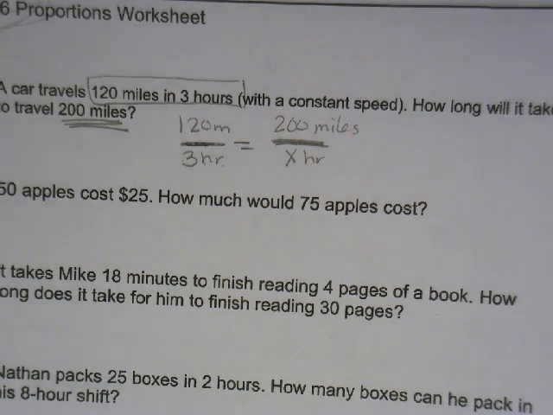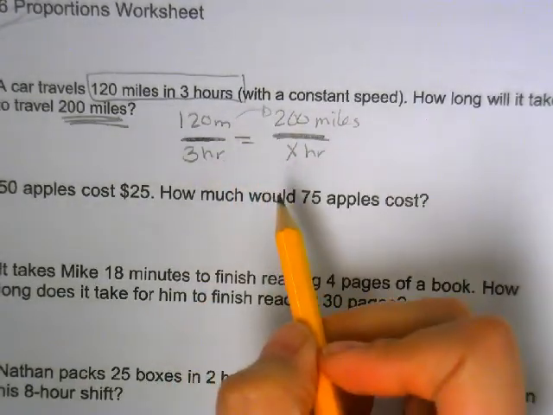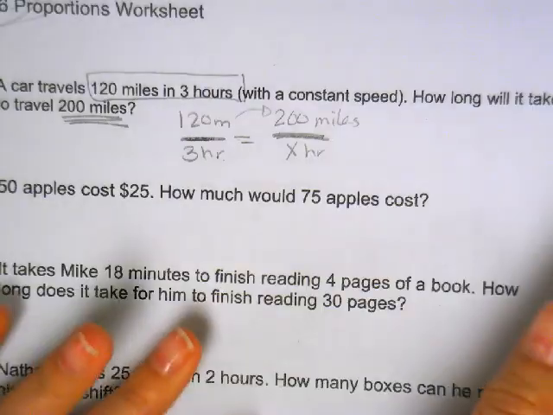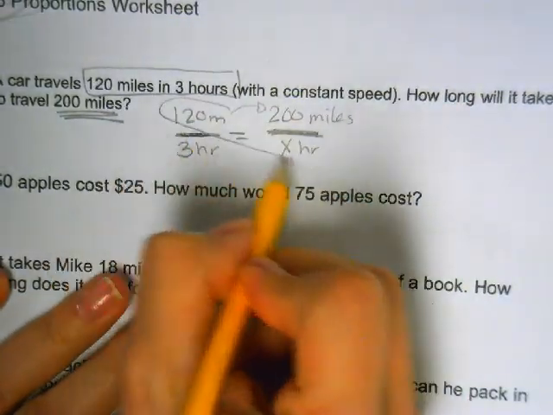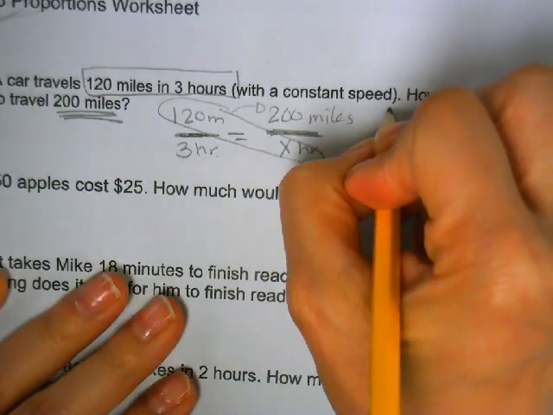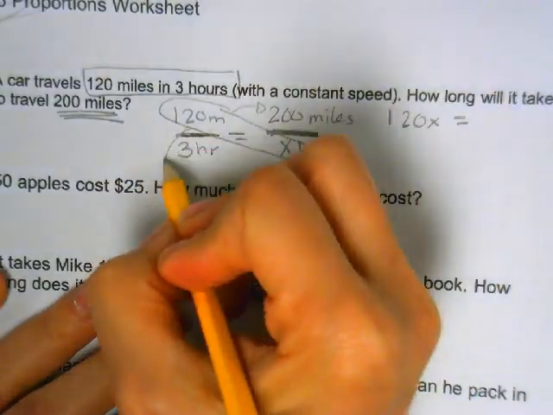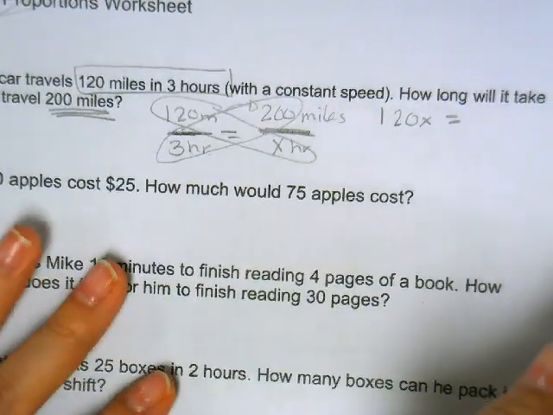So is there anything I can multiply 120 by to get to 200? The shortcut way? Nope. So if the shortcut doesn't work, you can use the butterfly method. What's 120 times x? Good. Equals, what's 3 times 200? 600.